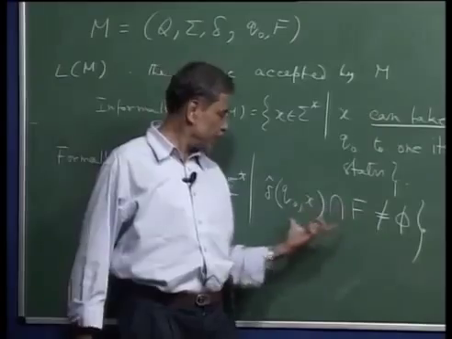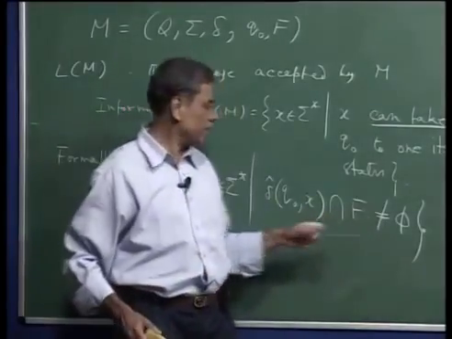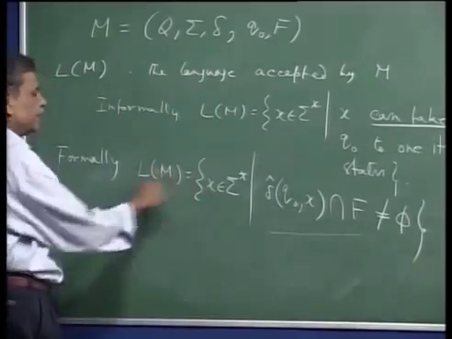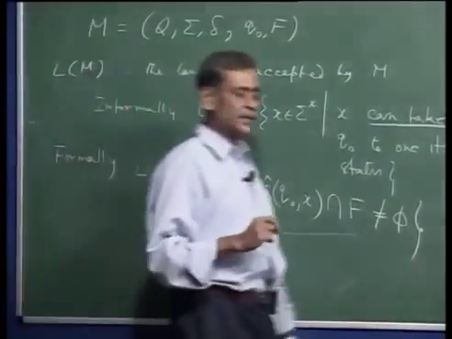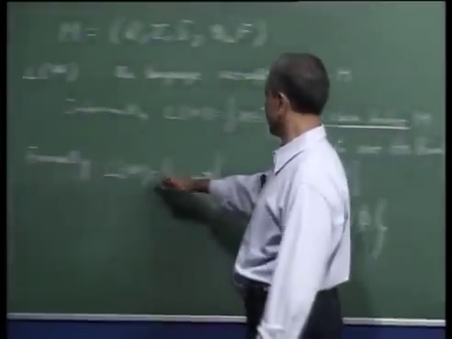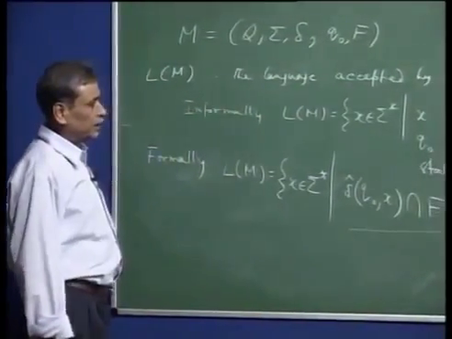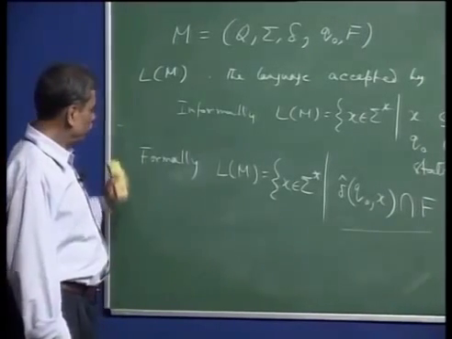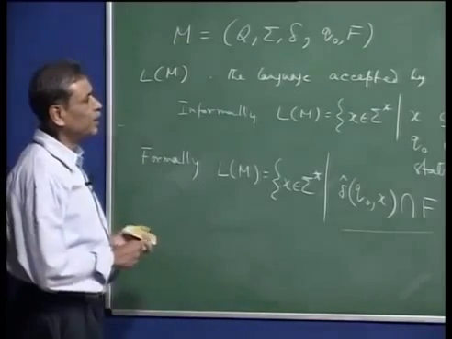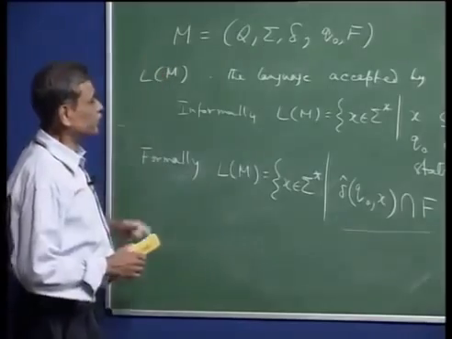If that overall thing that you get is non-empty, that means it can go to one of the final states, then of course x is in the language, and these are precisely the strings which are in the language. This is the way to define the language accepted by the non-deterministic machine M.